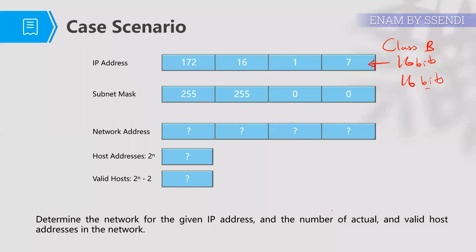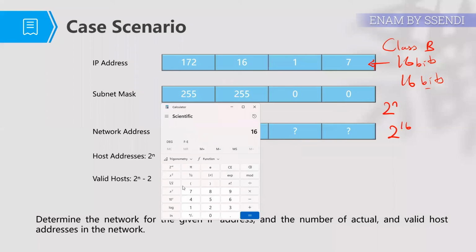Now, for us to determine the number of actual host addresses, our formula is 2 to the power what? N. And N stands for the number of host bits. And in this case, our number of host bits is 16.